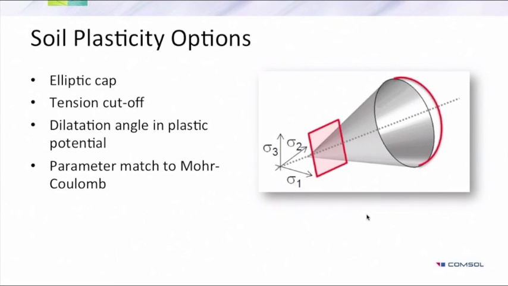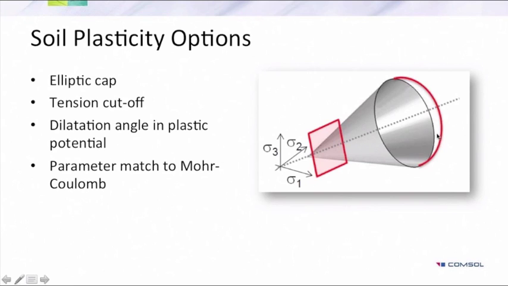In soil plasticity, the options give the user a possibility to limit the yield function. If you go in compression in the hydrostatic space, at some point you want to limit it, and for that purpose there is an elliptic cap which you can put over your yield surface.